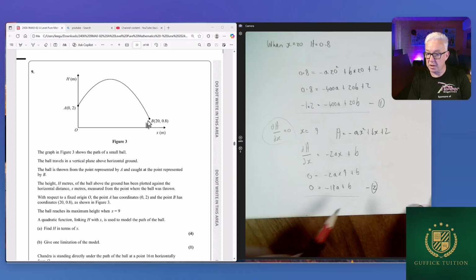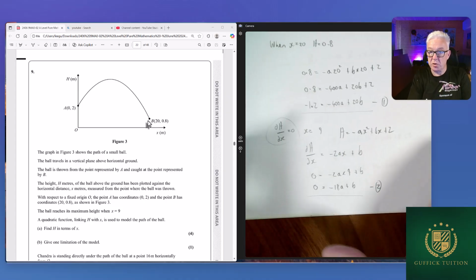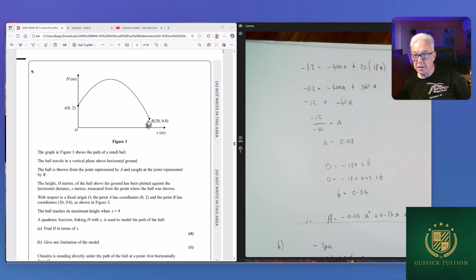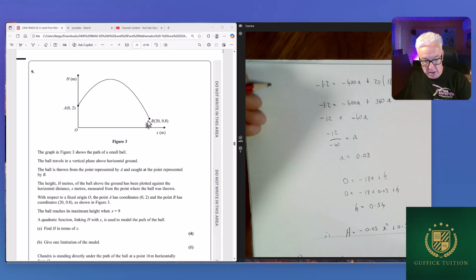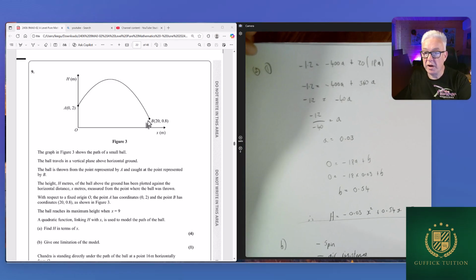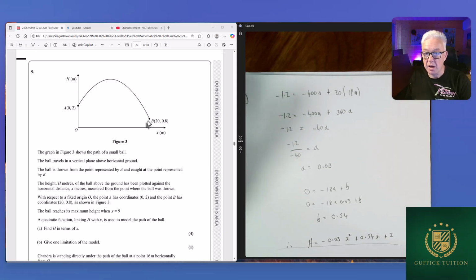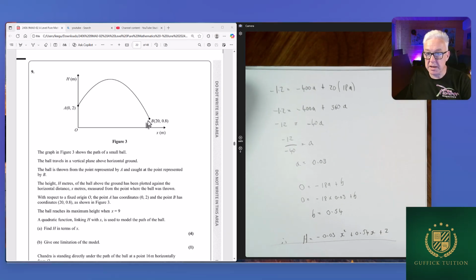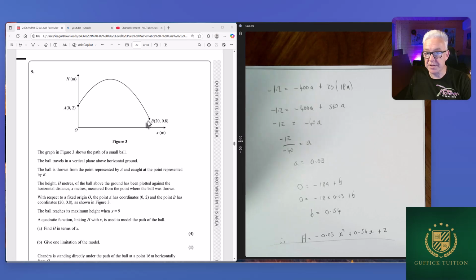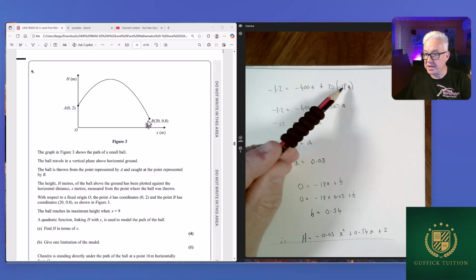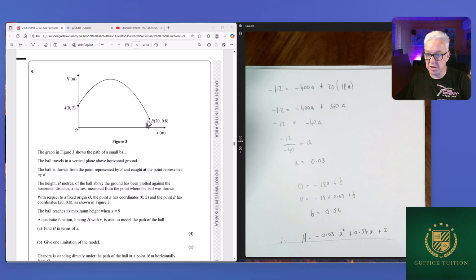And I'm now going to sub equation 2 into equation 1. So this is now putting equation 2 into equation 1. We get minus 1.2 is equal to minus 400a plus 20 times 18a, from subbing in that one equation into the other.